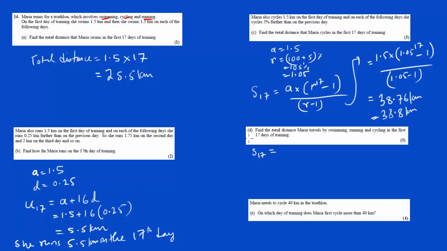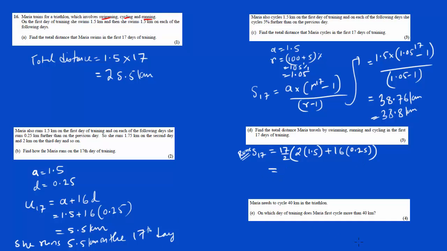S17, this is an AP, remember. So let me write this: running. This is going to be n by 2, because it's an AP series. n by 2 times twice a, which is 1.5, plus n minus 1, which is 16, times the common difference, 0.25.